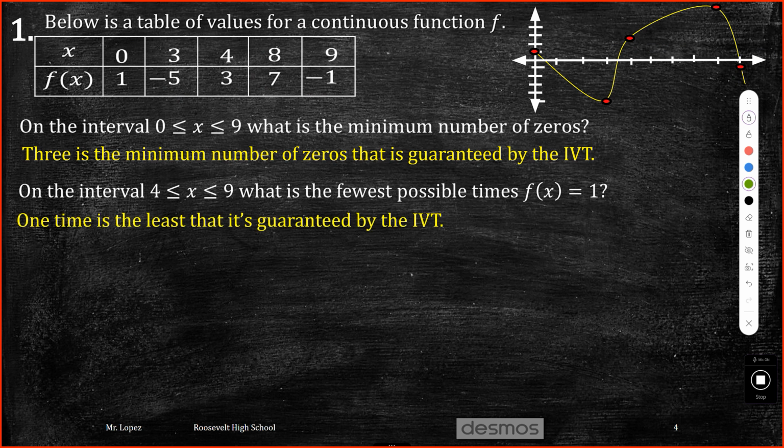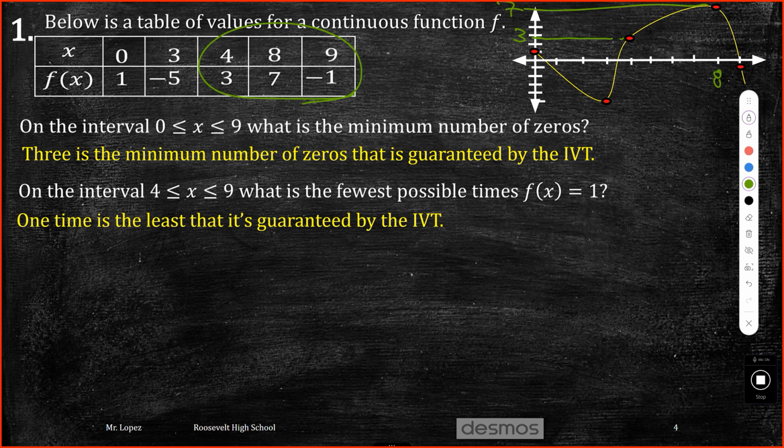On the interval from 4 to 9. Let's see, 4 to 9. Okay, so I got that one wrong. And 4 to 9 is very important to know where you're coming from. See, we're saying from 4, this is 3. And then we got 8 go to 7. 7 is over here somewhere.